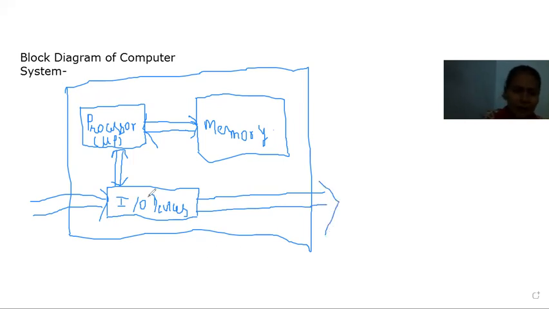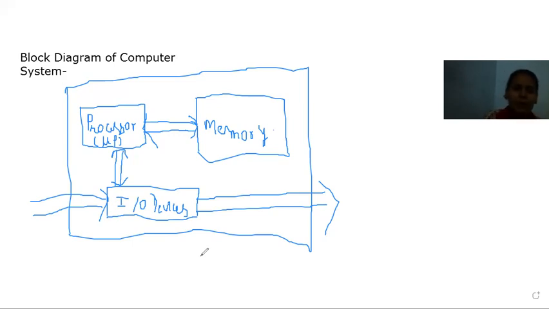Input output devices are used to give the inputs and produce the outputs. Why we are using input output devices here? Input output devices are used to give inputs and produce outputs.